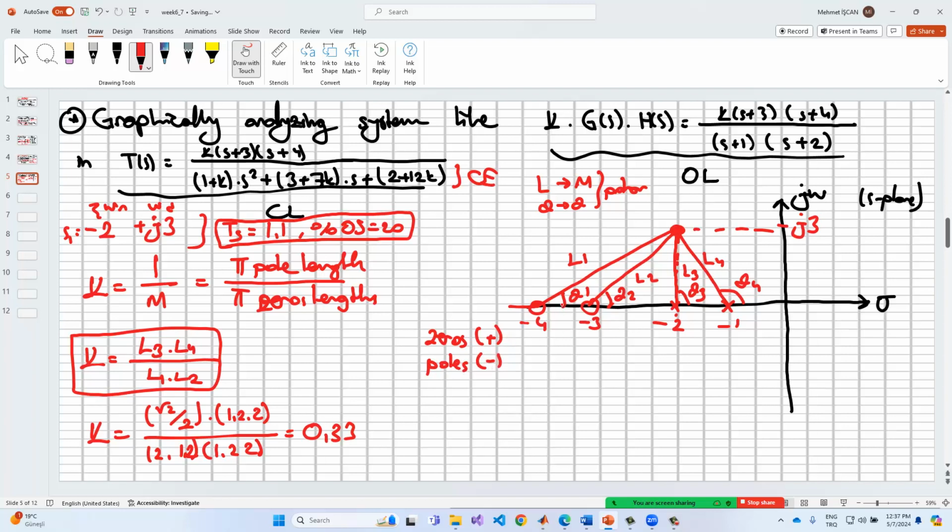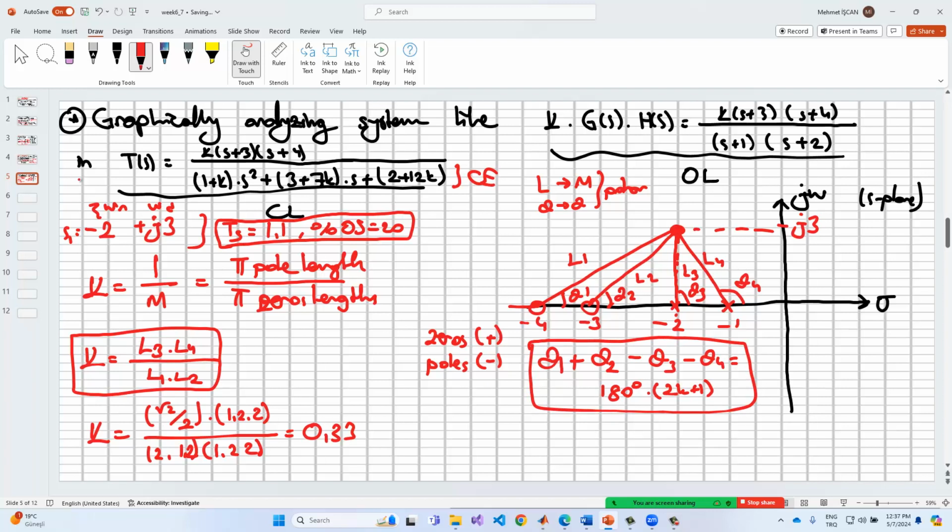For example, we have the zeros in here, theta 1 plus theta 2, but theta 3 is a pole, so we need to subtract this theta 3, and this is theta 4. Okay? And so this must be equal to 180 times 2k plus 1. Okay? These are the second conditions in here.